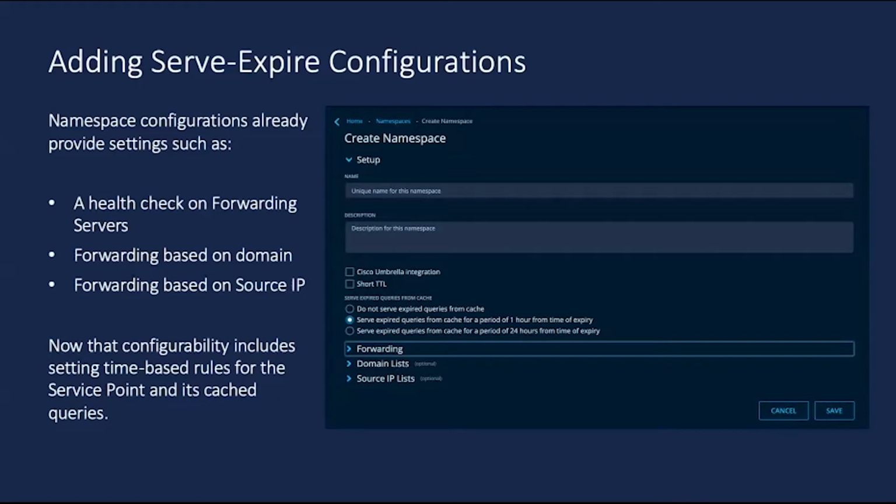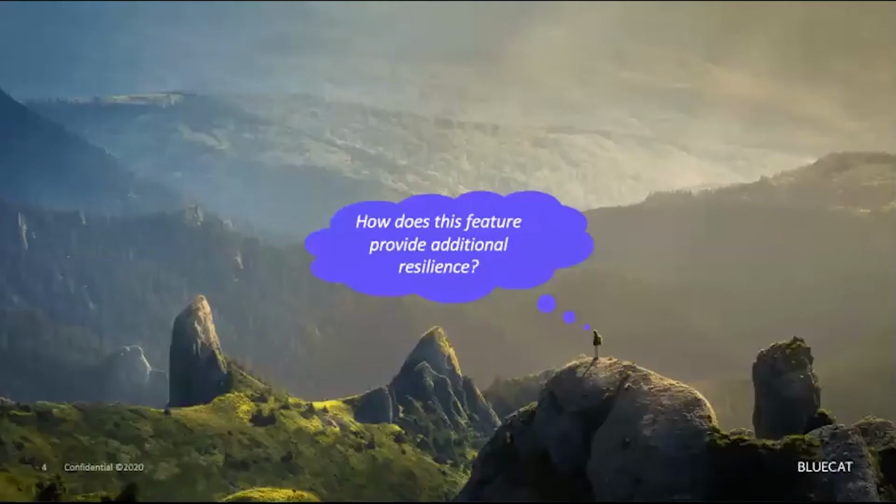To this, clients can also choose to turn this feature off entirely or to serve cached responses for 24 hours after the TTL has expired. In cases of branch installations that require this type of resiliency, serving expired queries from cache for a full day after expiry can help ensure as seamless an experience as possible.